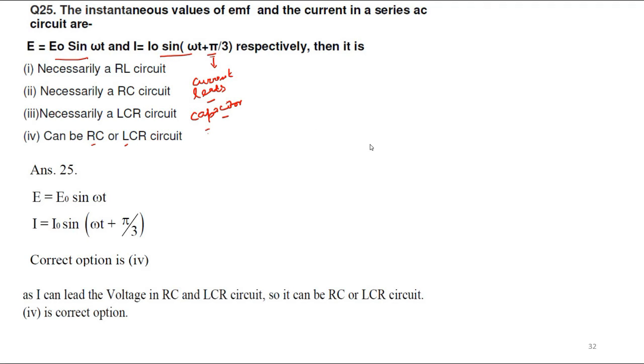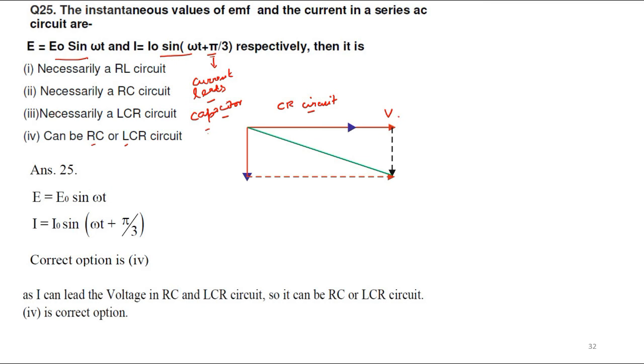You can refer to phasor diagrams. See, this is a phasor diagram for a CR circuit. This is VR, the voltage across the resistor. This is the current, which is the same for both resistor and capacitor. This is VC.